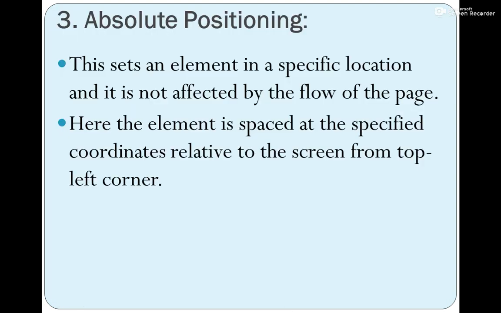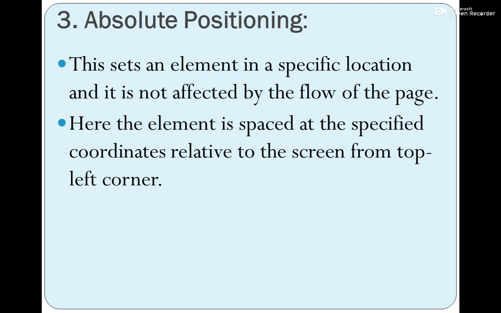So now the third is absolute positioning. When the absolute positioning type is used, the elements are placed exactly at the coordinates mentioned in the top, bottom, left and right properties.